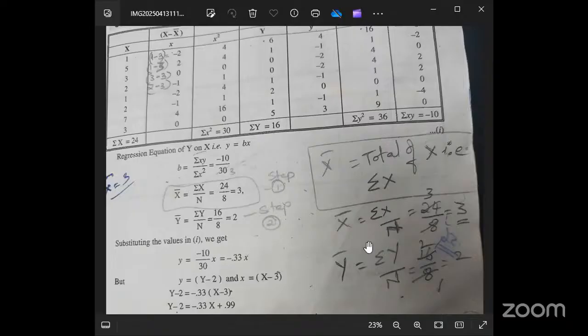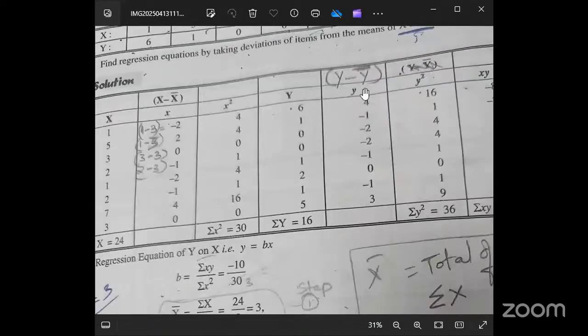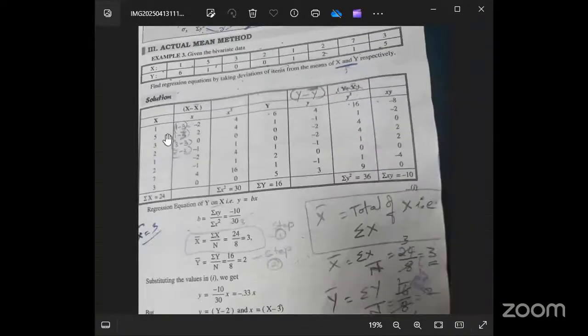So what do we need to find out next? We need to find small x, that is x minus x bar. So here we know x: 1 minus 3, we got minus 2, then 5 minus 3, 2, 3 minus 3, 0, 2 minus 3, minus 1, 1 minus 3, minus 2, 2 minus 3, minus 1, 7 minus 3, 4, 3 minus 3, 0.